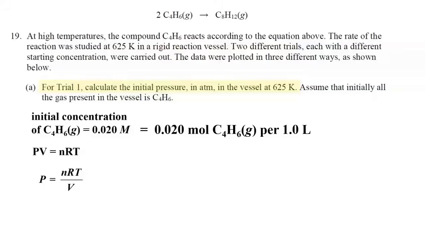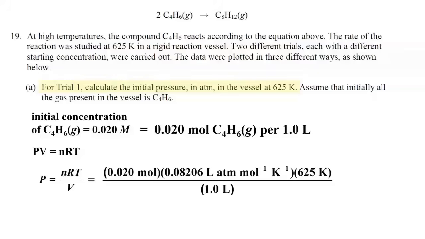So I'm going to go ahead and solve the ideal gas law for pressure. So P equals nRT over V, where n is the number of moles, and that's going to be 0.020. R is the gas constant that has units of atmospheres. Temperature is the Kelvin temperature, which is 625 Kelvin.